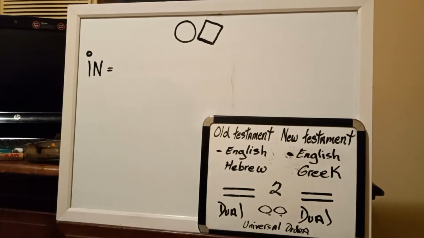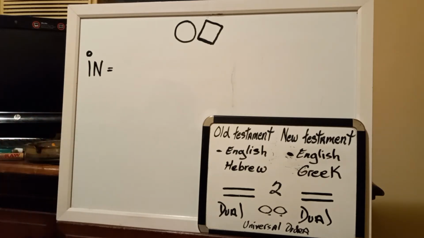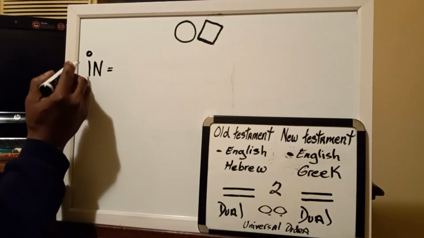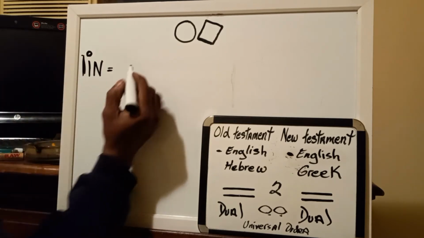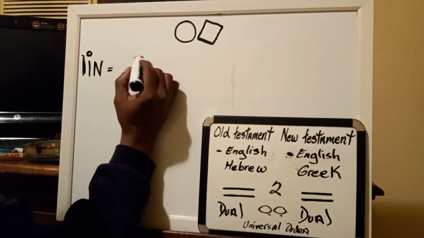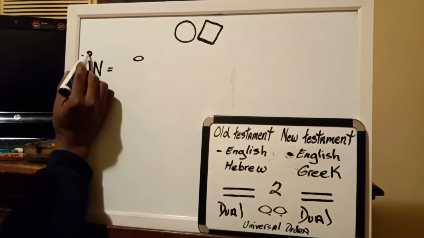This is what happens with words with me. Now, I'm looking at this, right? I see this. So I made this into an eye. It's an eye.